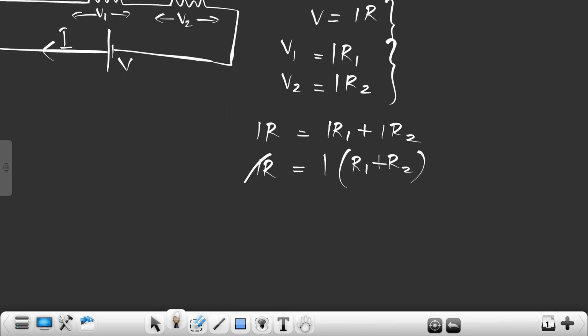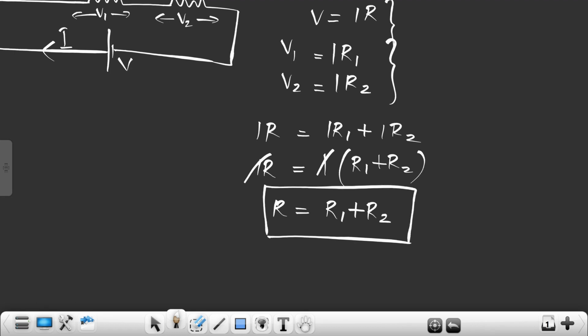We can cancel both the I's, so we get R is equal to R1 plus R2. That means the total or effective resistance when we connect two resistances in series is R1 plus R2.